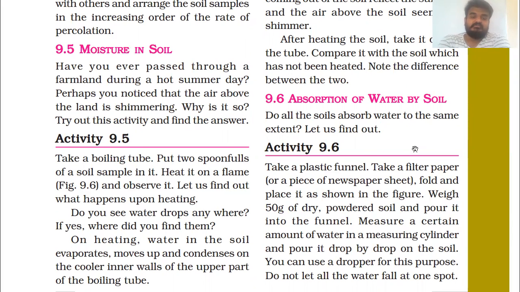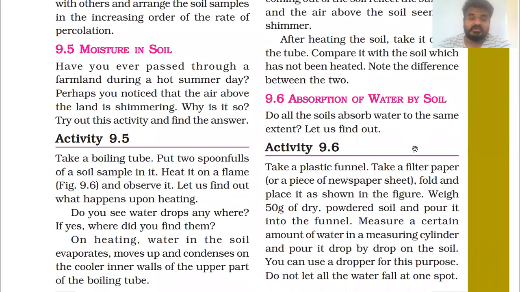Heat it on a flame and observe it. Let us find out what happens upon heating. Do you see water drops anywhere? If yes, where did you find them? Simply, you will not find them in the starting.